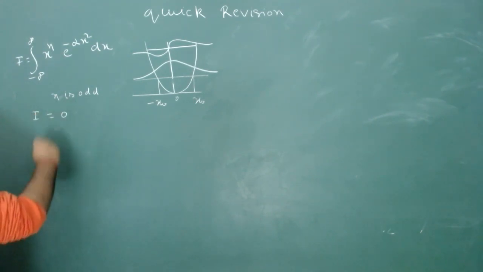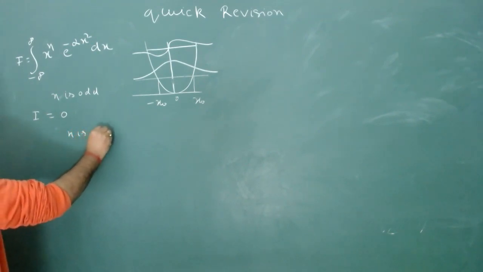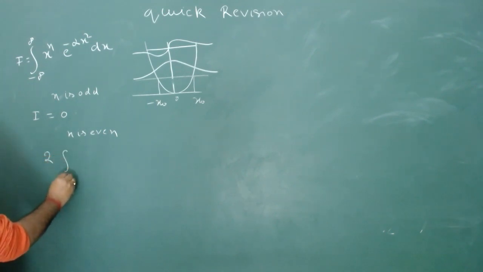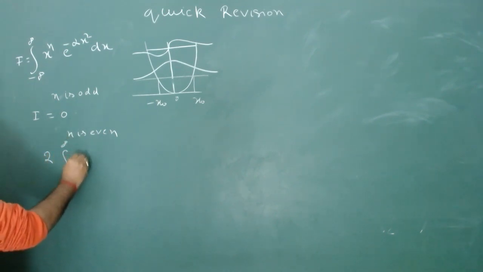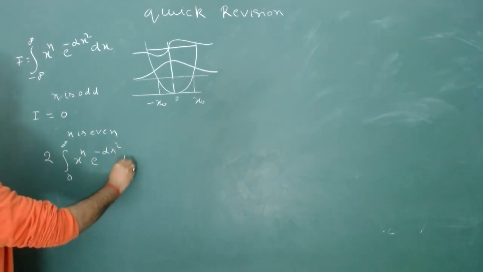But if n is even, then you can write this integration as 2 times the integral from 0 to infinity x^n e^(-alpha x^2) dx.